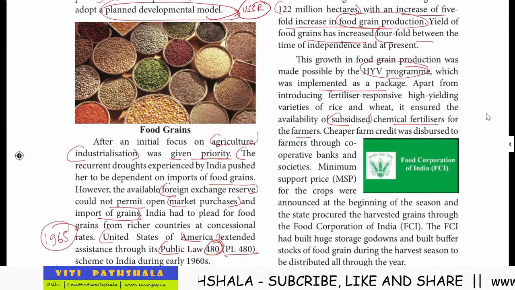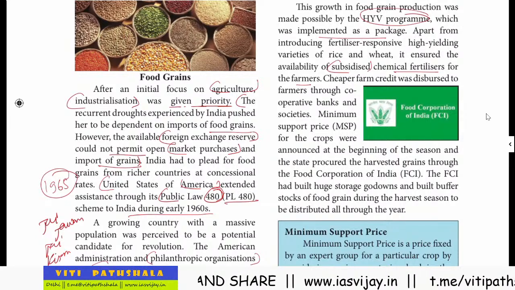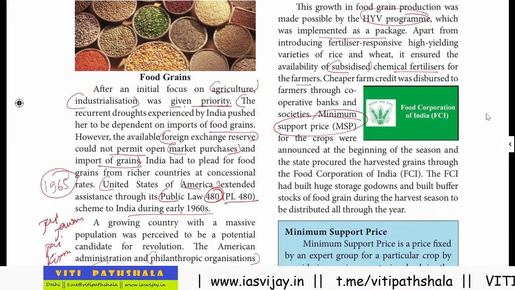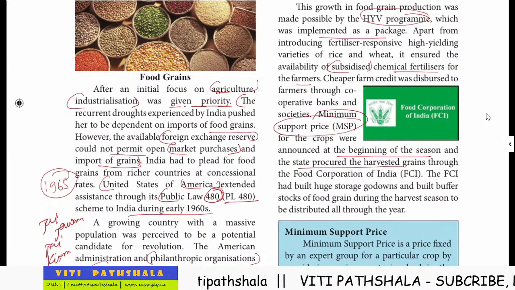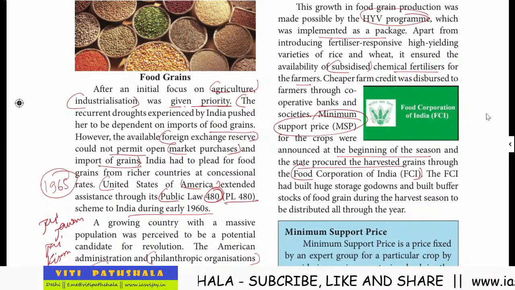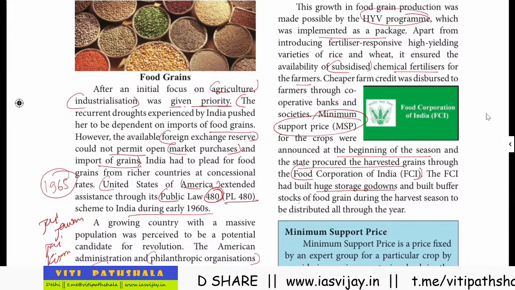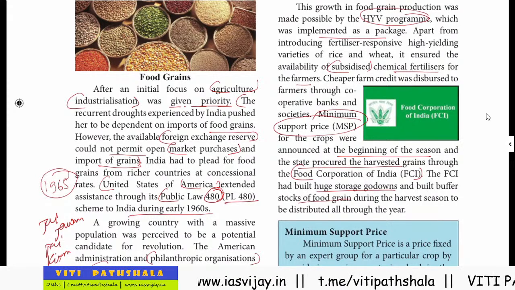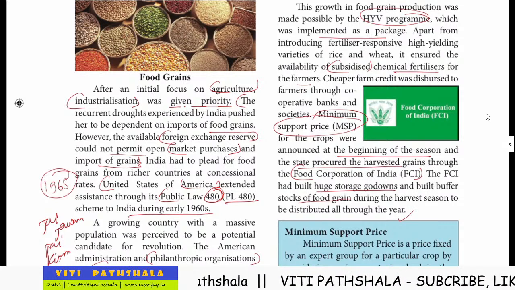The MSP, minimum support price for the crops, was announced at the beginning of the season, and the state procured the harvested grains through the Food Corporation of India. The FCI had built huge godowns and built the buffer stocks of the food grain during the harvest season to be distributed all through the year.